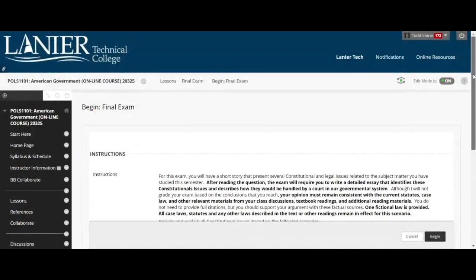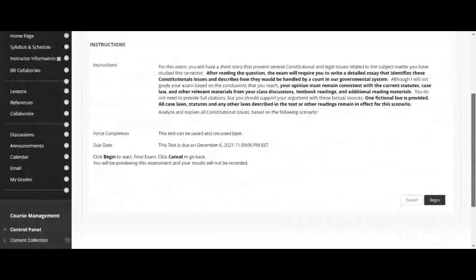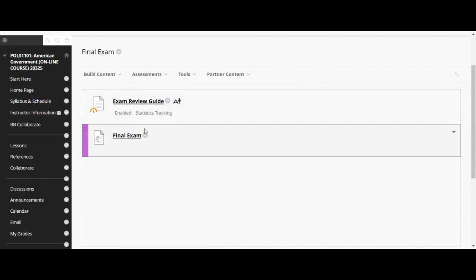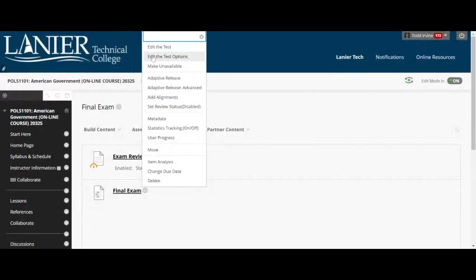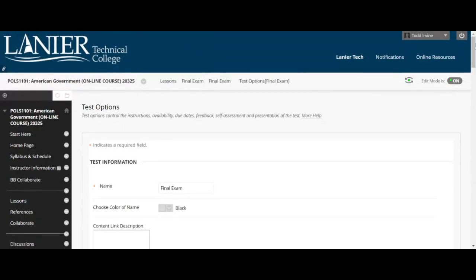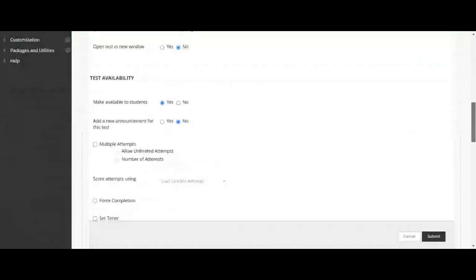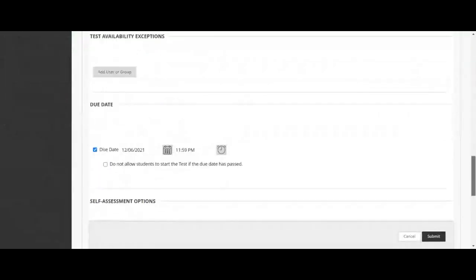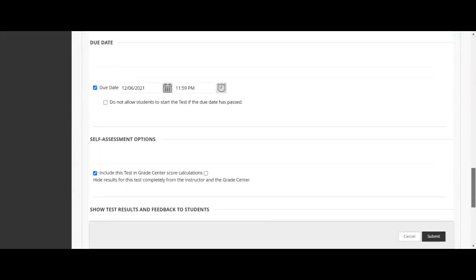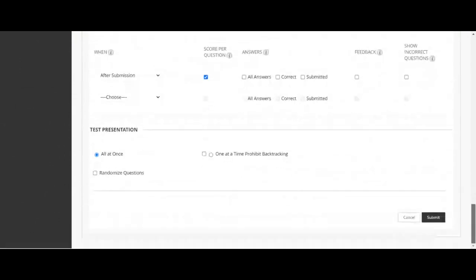When you come up, you can see the wording is pretty much exactly the same. And when I come over to the test options, you're basically going to have unlimited time to do this. You do have to turn it in by 12/6, but you could start writing now and take this entire time until then to finish writing it up.